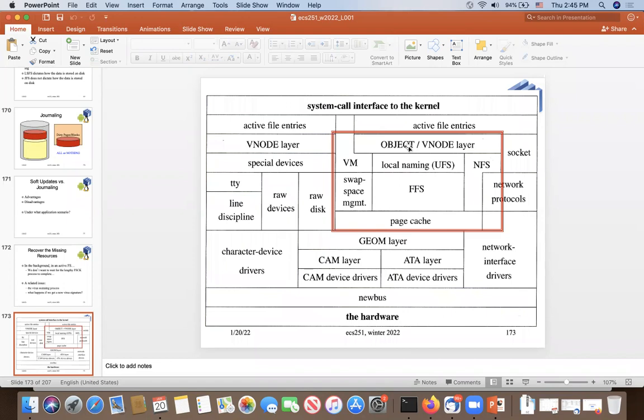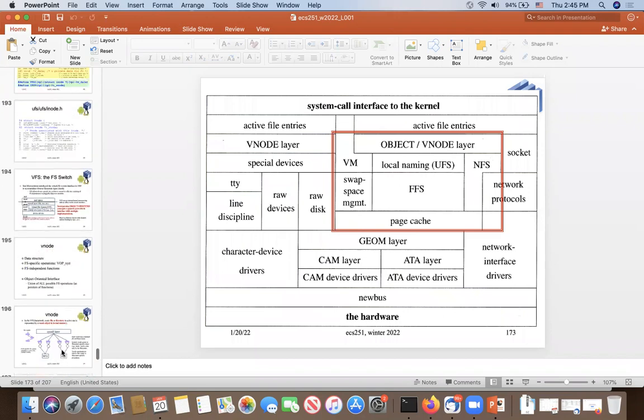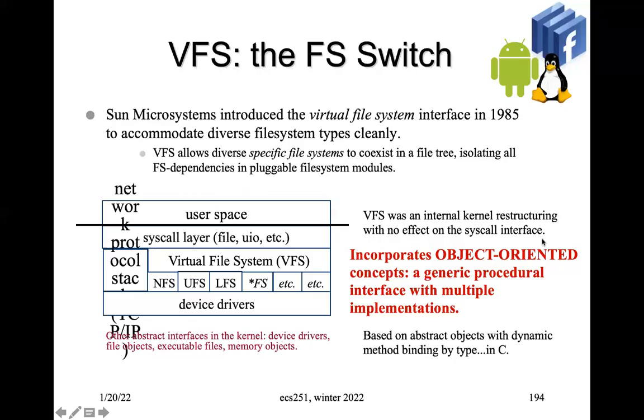That is probably the most important concept you should learn in this particular lecture. It's really powerful. Okay, so this concept is called VFS, virtual file system, and sometimes I call it a file system switch.